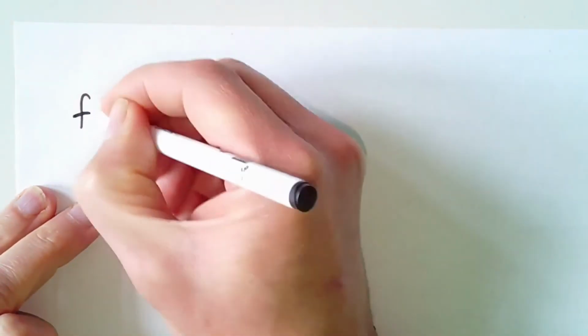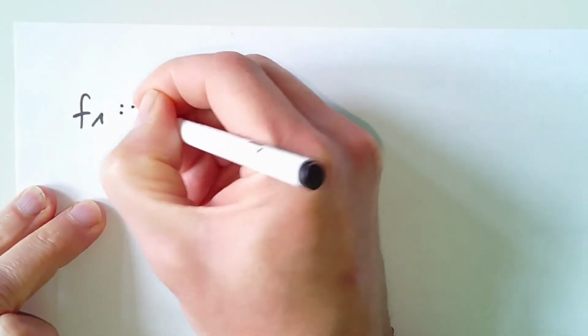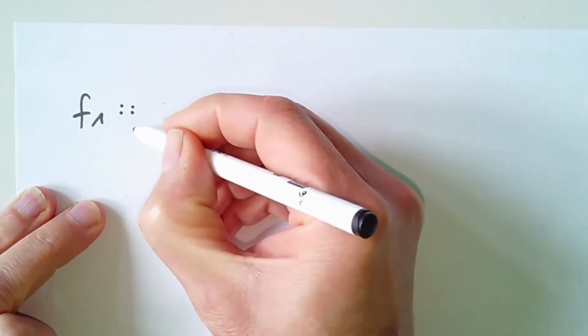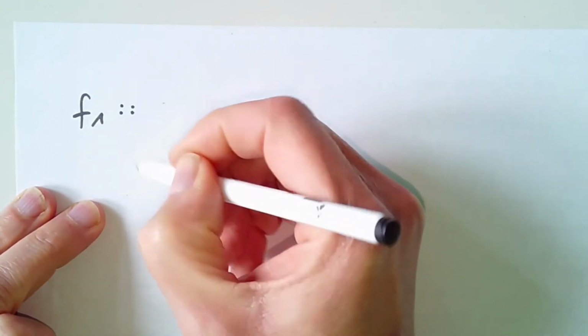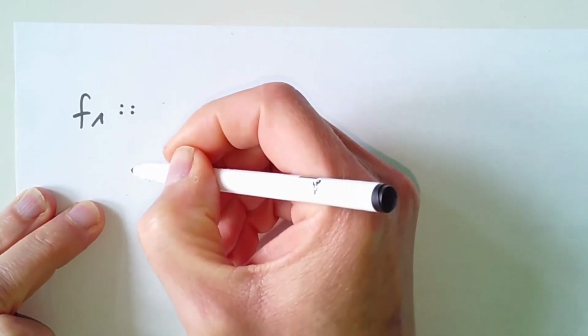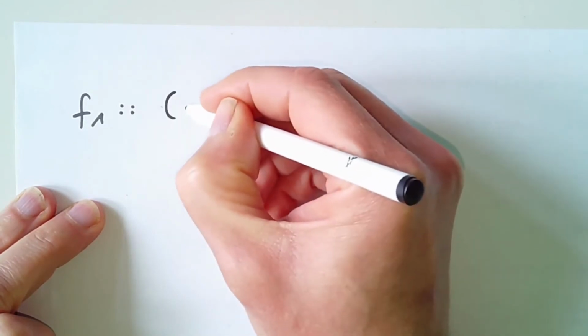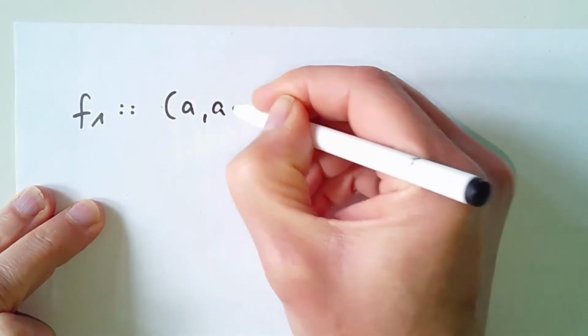So the type of f1 in Haskell terms would be something like this. This symbol should be read as "has type", as in PostgreSQL. The type of f1 should actually in Haskell be noted as this.